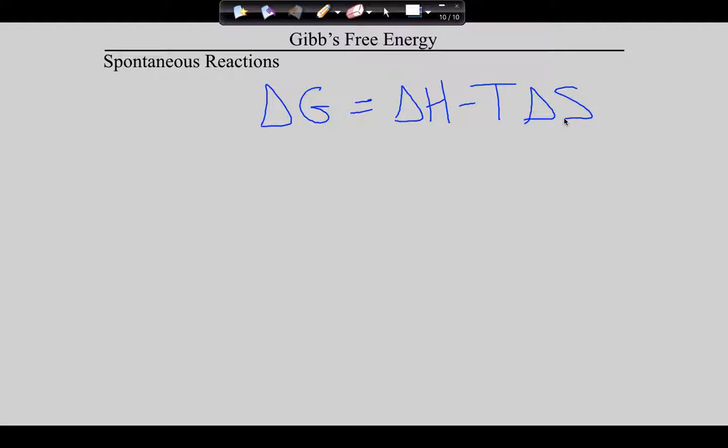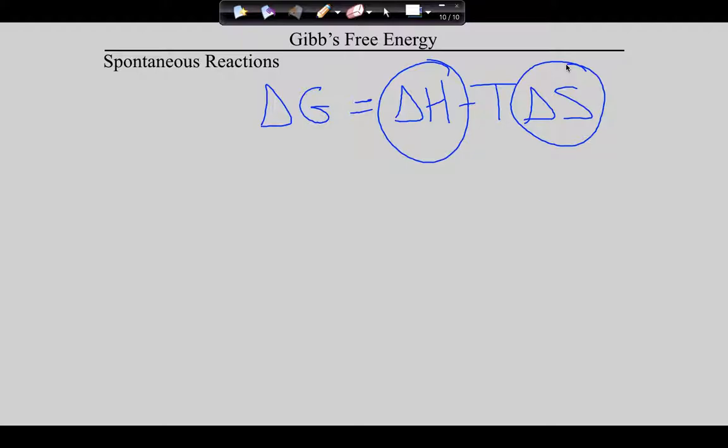So we introduced this idea that these can be in tension. With our quick cold pack, our enthalpy change would suggest that it shouldn't be spontaneous, but it is spontaneous, and we understand that that's because of delta S. And then we said that in order to really understand if a process is spontaneous, we need a way to quantify this interplay between enthalpy and entropy.